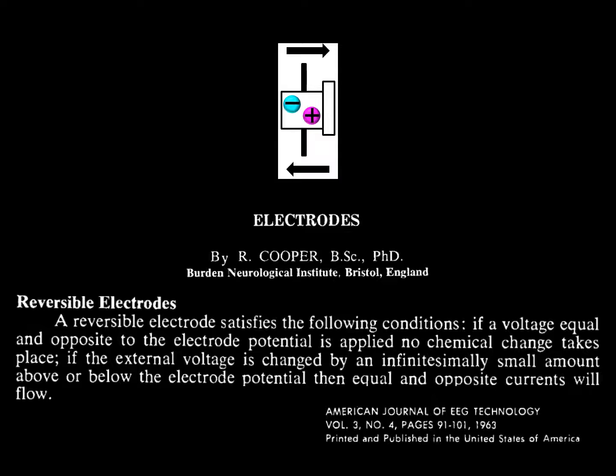Anyway, read this paragraph carefully. The gist of the paragraph is that the electrode potential only changes if it is exposed to voltage above or below the voltage value of the existing electrode potential.